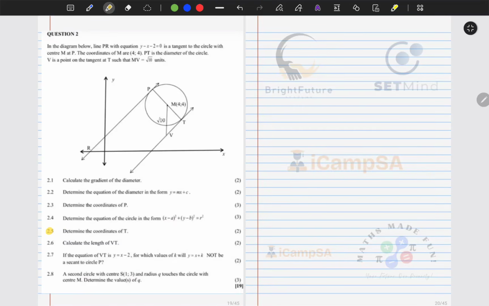So we're looking at this here. Okay, so let's go ahead now and have a look at this question where we are required to calculate the coordinates of T. So we need to think carefully.